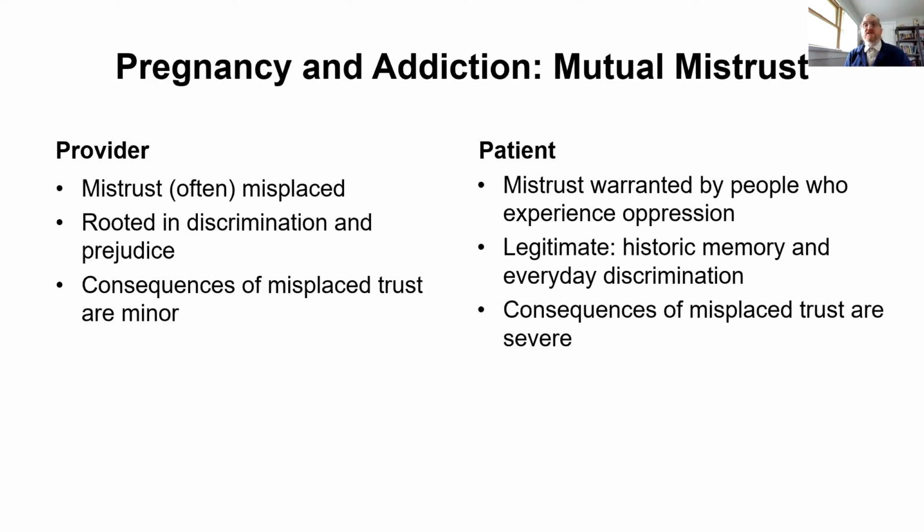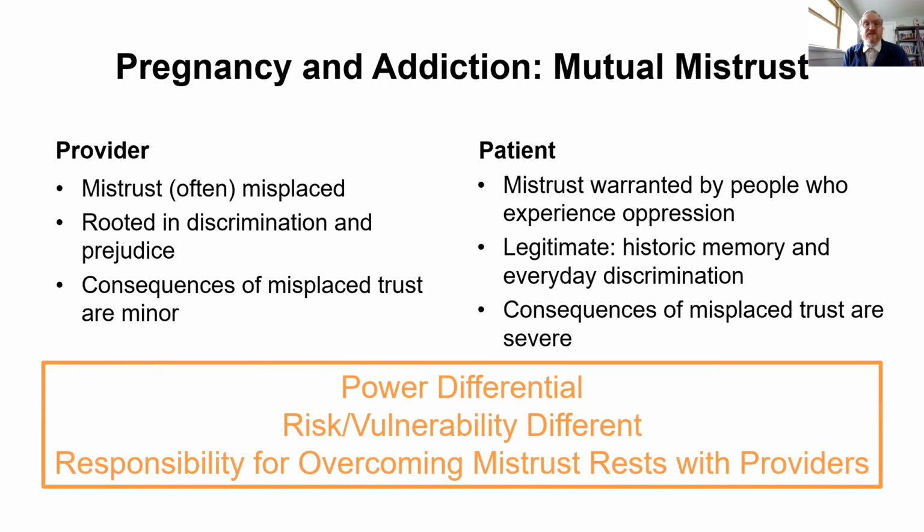The consequences to me are minor. What happens if a patient trusts me, but they should not have trusted me? The consequences of that misplaced trust can be severe. And this reflects the power differential of care, which means that the risk and vulnerability is different between the provider and the patient. And most importantly, the responsibility for overcoming mistrust rests with us and not with the patients.